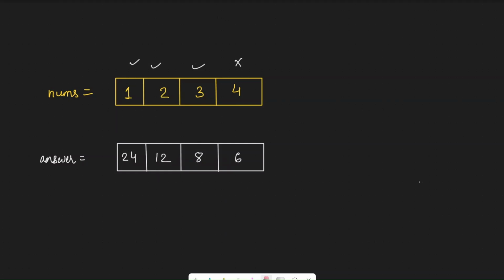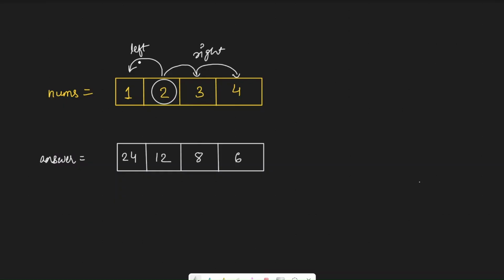Now, if you look at this carefully, when I was doing multiplication, let's use this as an example. I'm currently evaluating 2. We have numbers which are before this, so to the left of 2, and we have numbers to the right of 2.